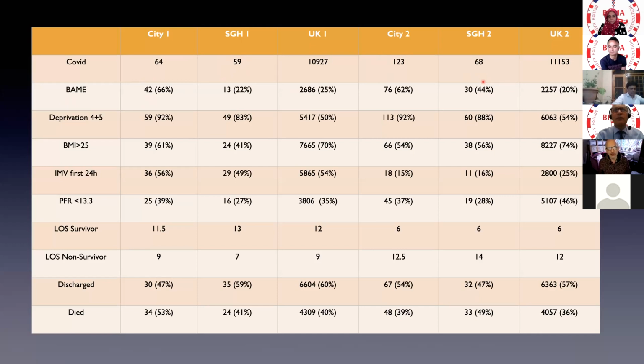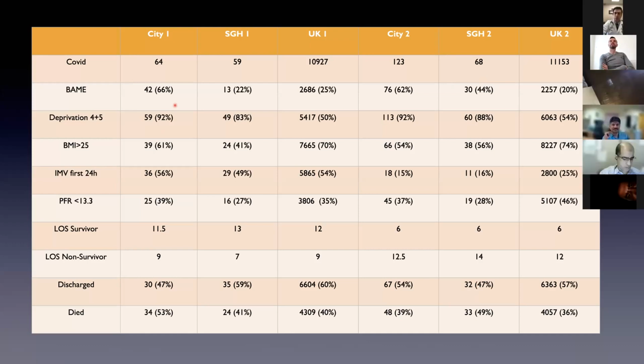Occupations put these communities particularly at risk because they don't work from home, they work in shared environments, and there is a higher incidence of hypertension and diabetes. We also have a very deprived community around us, with the vast majority of our patients coming from the lowest indicators of socioeconomic achievement.